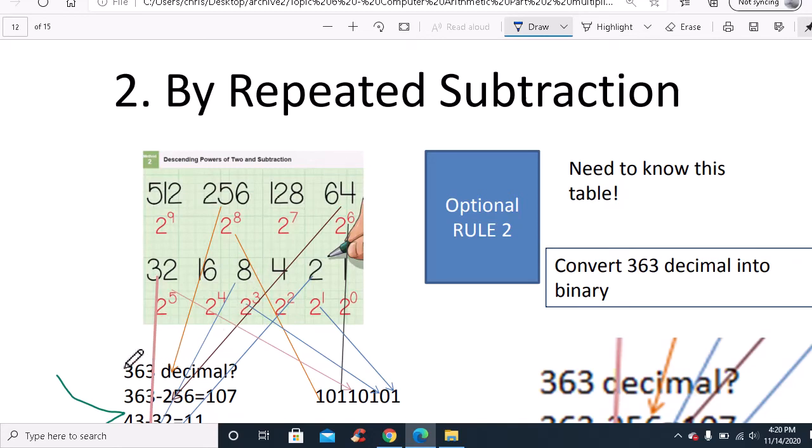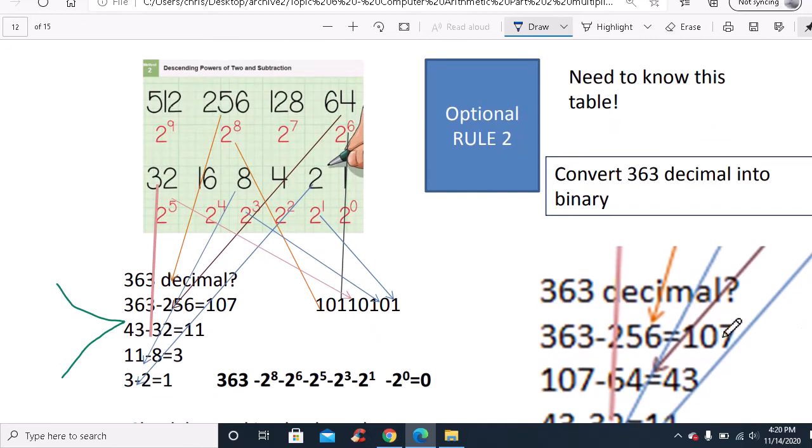So supposing we wanted to convert 363 decimal into binary. So what do we do? Well, I'll give you the first few steps. From 363, you can take this number away, 256. And notice that 256 is 2 raised to the power of 8.